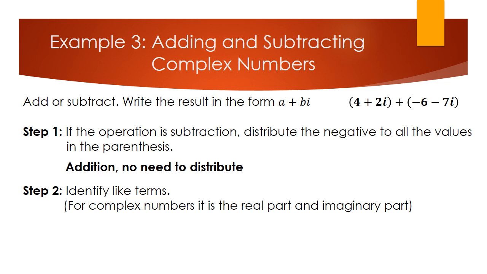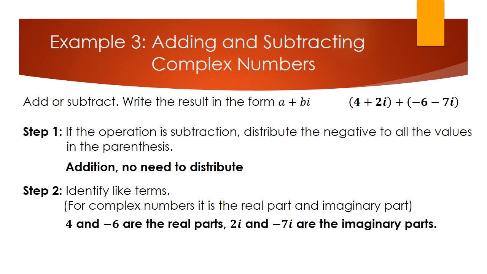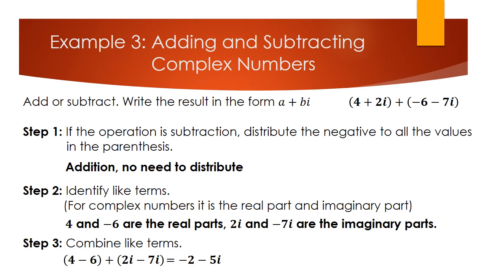For complex numbers, it's the real part and the imaginary part. We already dealt with matching these up in the previous section. The 4 and the negative 6 are the real parts. The 2i and the negative 7i are the imaginary parts. So we're going to combine those like terms. 4 minus 6, and then 2i minus 7i gives us negative 2 minus 5i. It's already in the form of a plus bi.